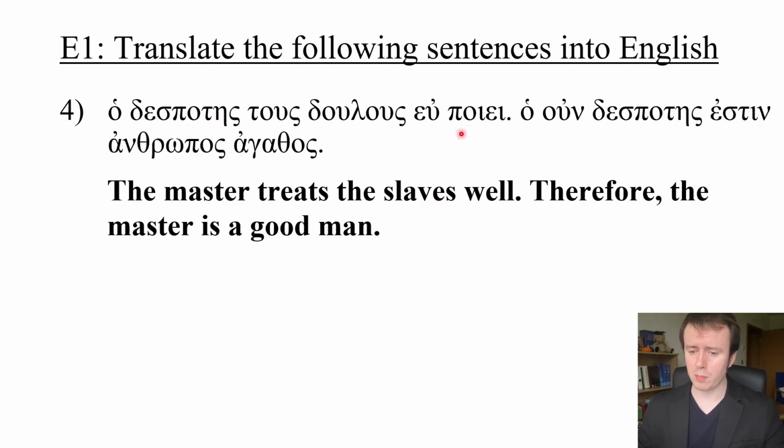So literally, eu poiei means to do well, as in to do someone well, or to benefit them, or to treat them well, we would say in English. So, the master benefits or treats well tous doulous, the slaves, we could say his slaves. Then we're told, therefore, oun means therefore, or so, the master is an anthropos agathos, a good man or a good person. Agathos was also in the word bank.